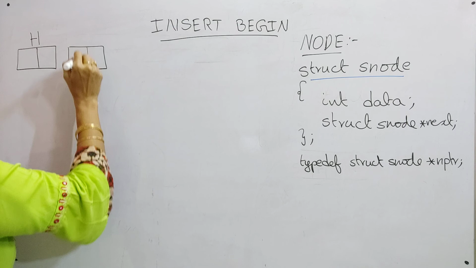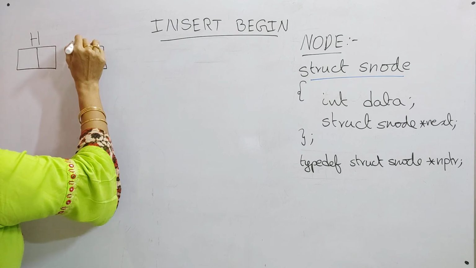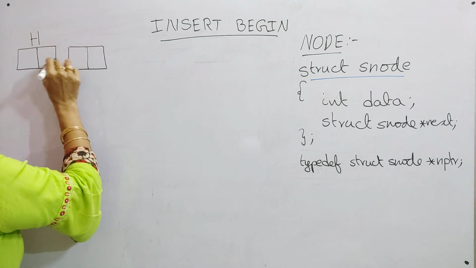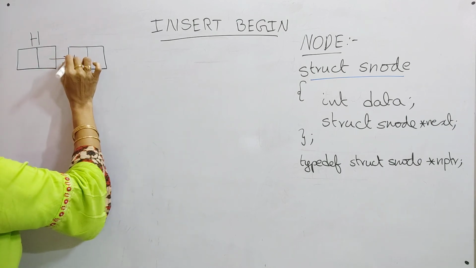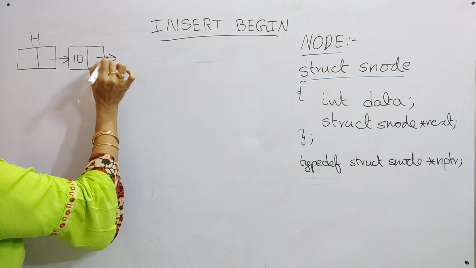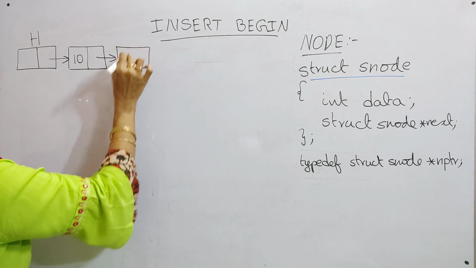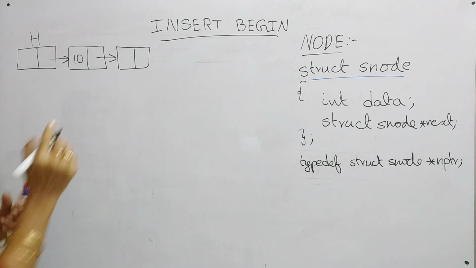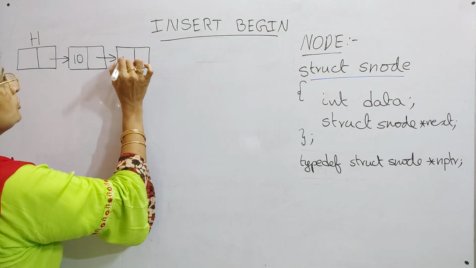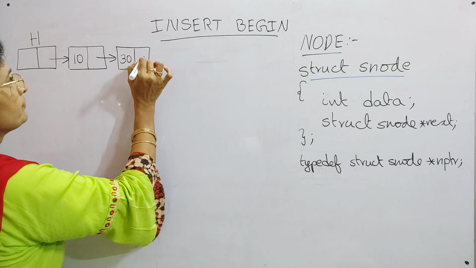For example, this is the first node, and the header will be pointing to the first node. In the first node you have some data, and it is pointing to the second node, and then it is pointing to some another node.